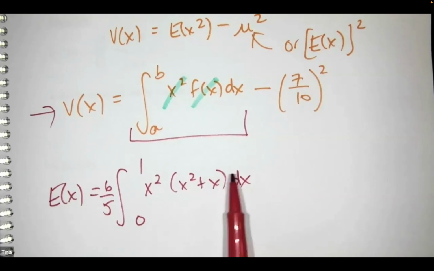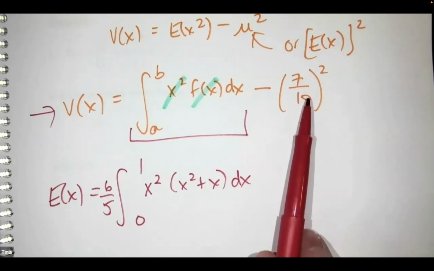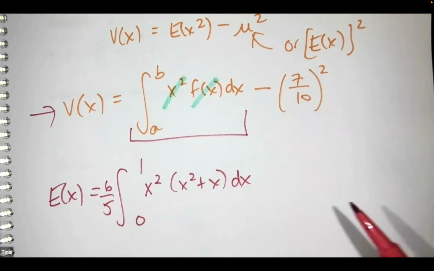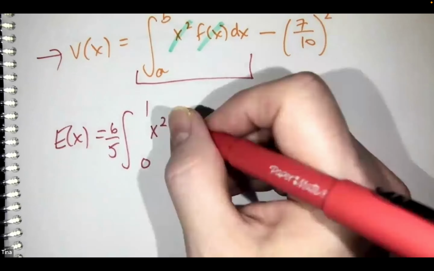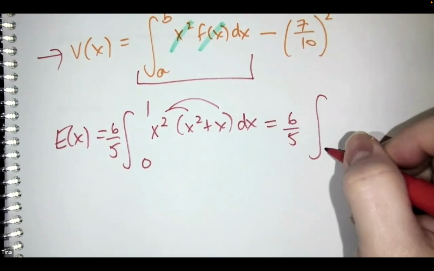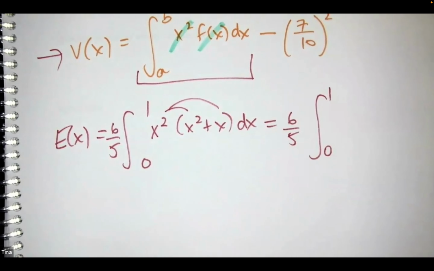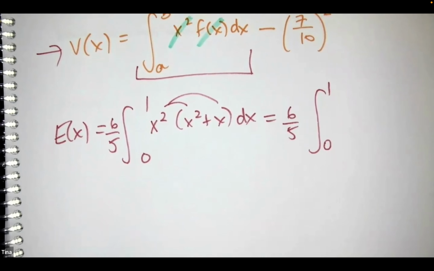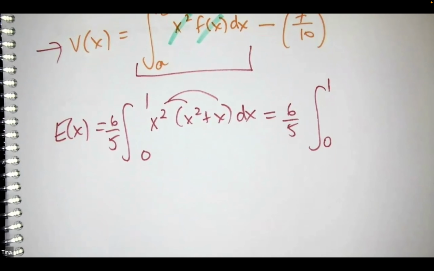Now, if you want to write this whole thing out each time and write minus and then square the 7/10, you can. Or if you want to just do E of x squared and do this at the very end, it's kind of your choice. So this would be what? The integral from 0 to 1 of, so go ahead, multiply this out, and then go ahead and integrate. What would you get?